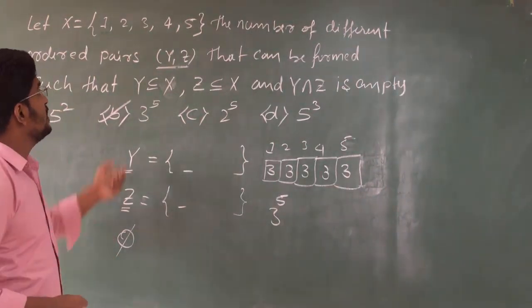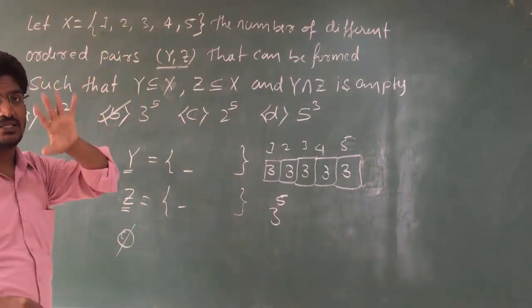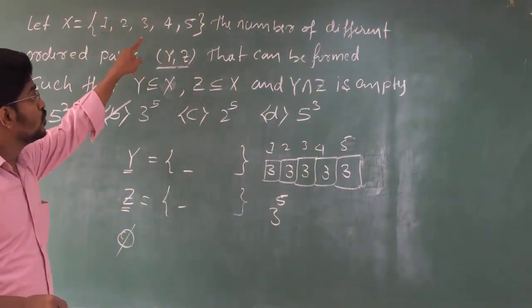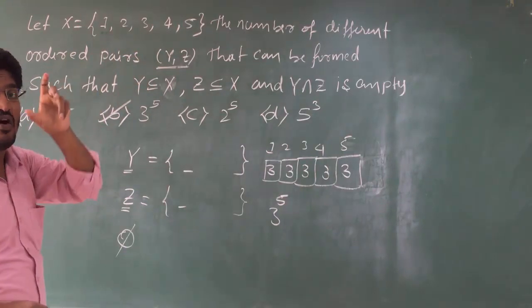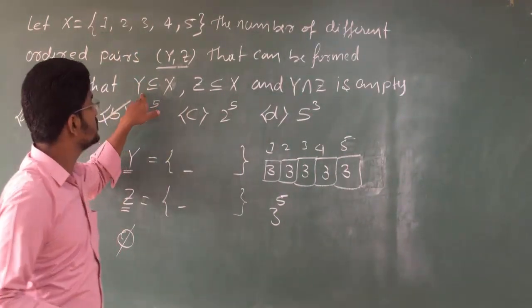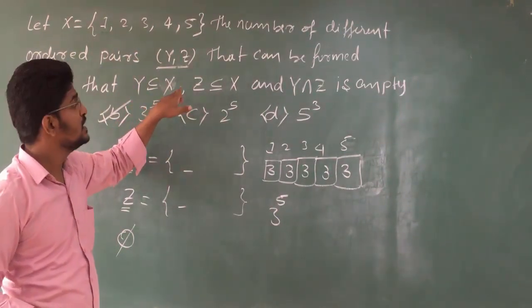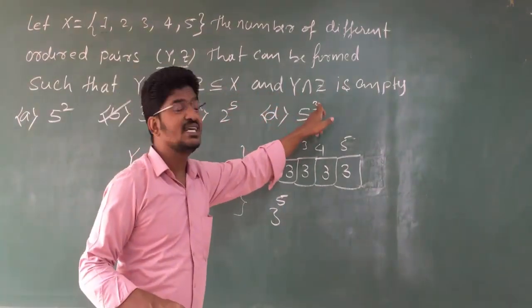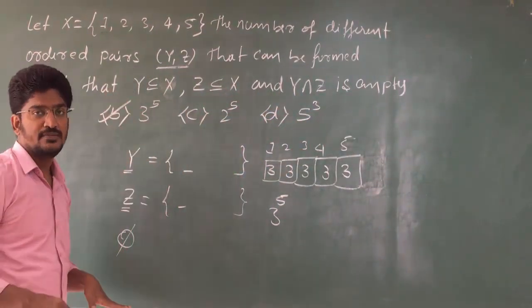Once again I explain. In X you have 5 elements. From those 5 elements you have to create the ordered pairs. To create these ordered pairs you have some conditions. Y should be a subset of X, Z should be a subset of X, and the intersection of Y and Z must be empty.